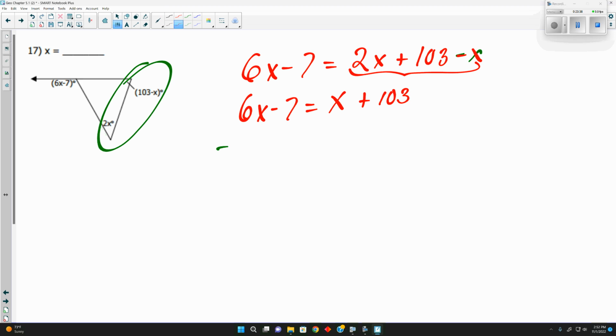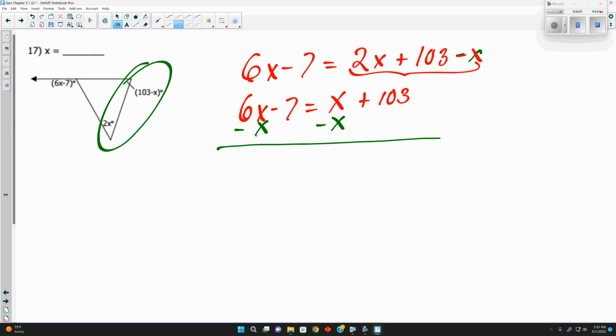What would we do next? I like going the other direction. I would minus 1x. That's just me. There's nothing wrong with subtracting 103 at this point, but I like keeping the variables positive if at all possible.